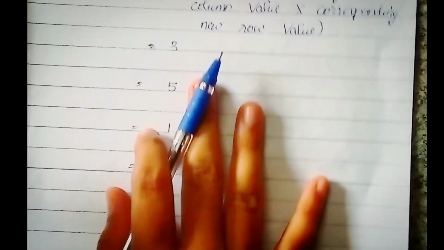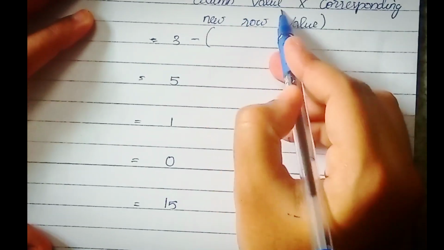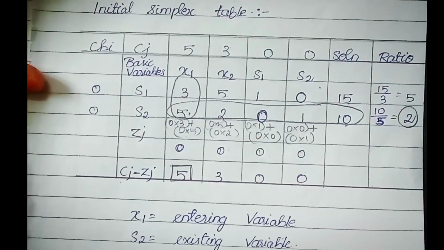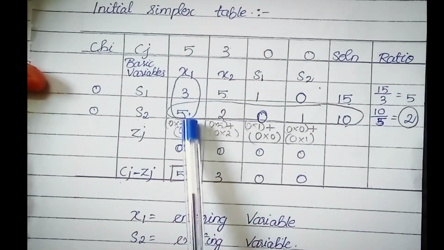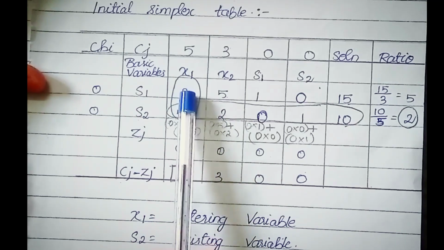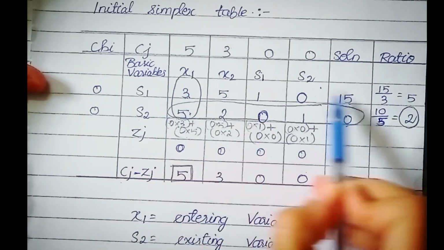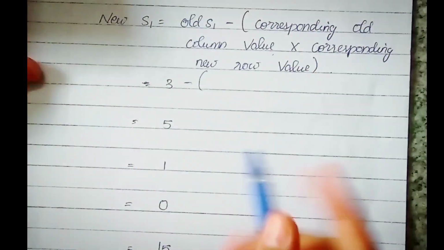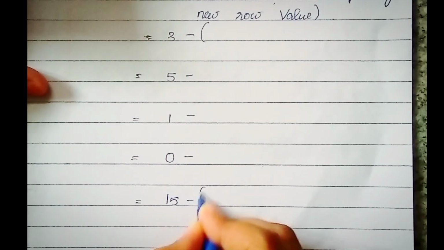It will be written here. And the corresponding old column value: the old column is 3. This is the column, right? So this is the old column value 3. For this row, this is the column and 3 will be taken for all the numbers. So minus, open bracket.